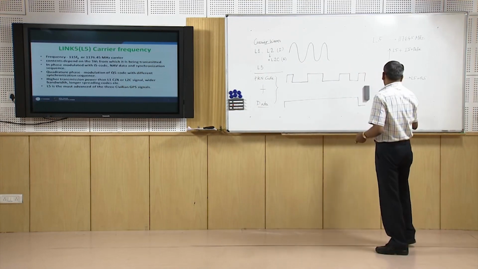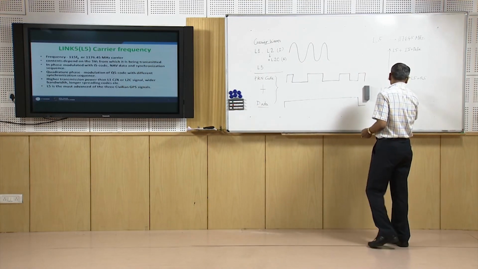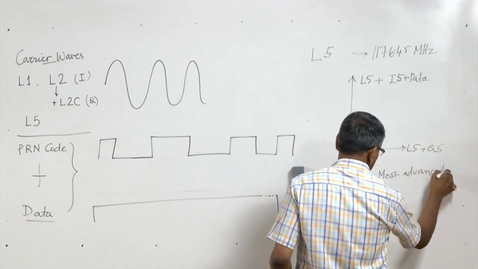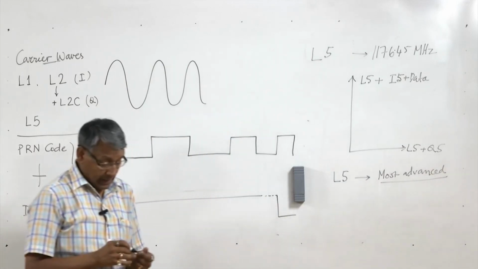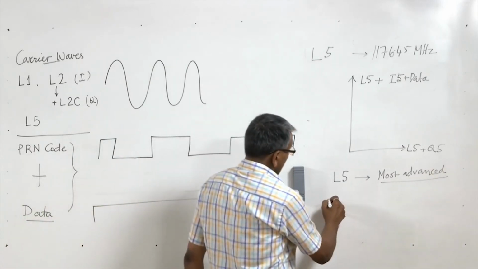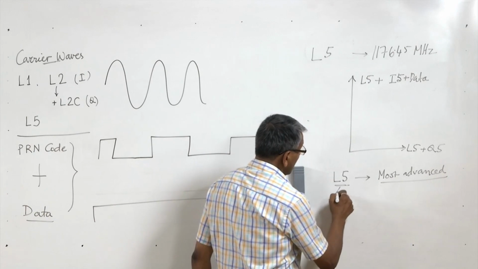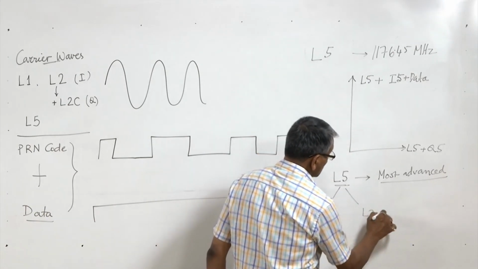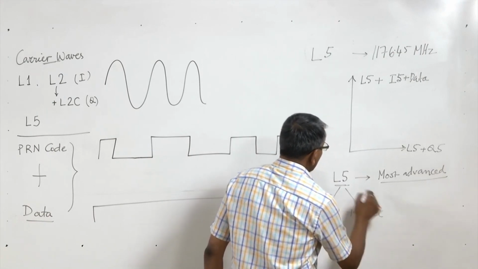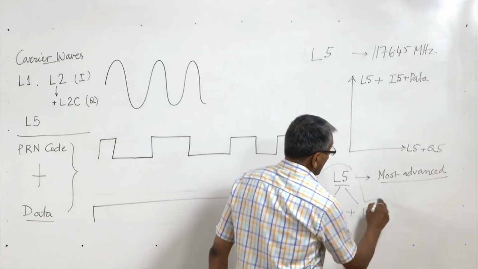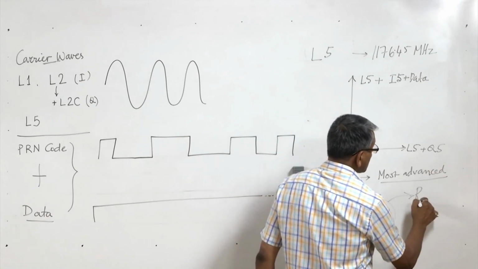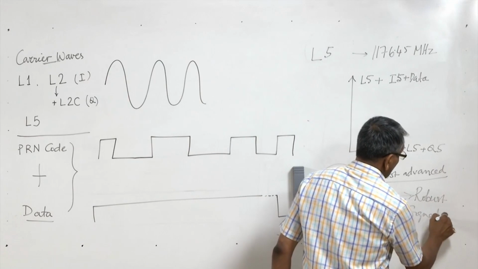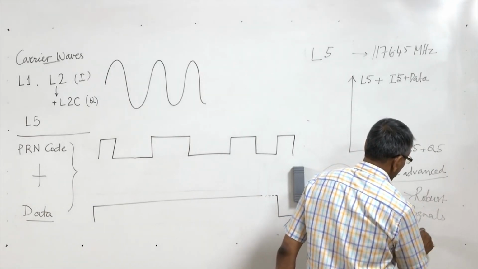So the L5 signal is the most advanced and developed signal. So the L5 signal along with the L1CA signal and L2C signal, these three signals together provide very robust signals for civilian use.